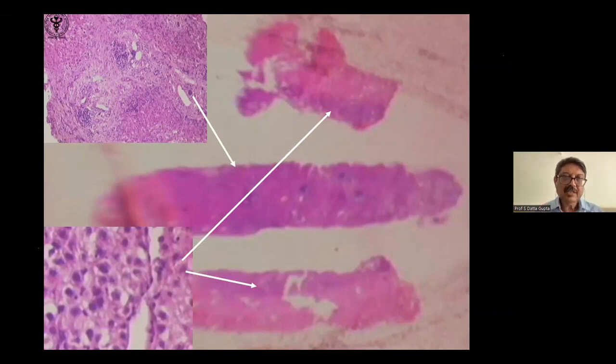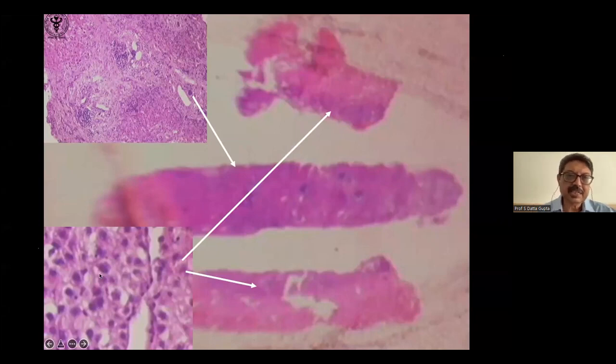The other thing is, what you should not do is, suppose you have 3 cores, don't send them to 3 labs. That is something that many people do. It's better you send them all to one place and then take the blocks, and then you can take a second, third, fourth, fifth opinion. For example, of these 3 cores, 1 core showed cirrhosis and 2 cores showed hepatocellular carcinoma.